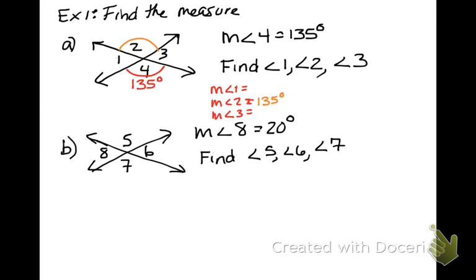Now, angle 1 and angle 3 is a little different. I got it. You have angle 1 and angle 3. I don't know what that is, but if I put these two angles together, angle 1 and angle 4, what does angle 1 plus angle 4 equal altogether? 180.